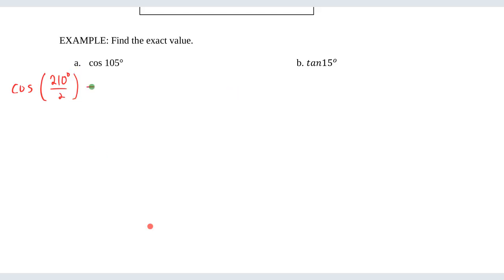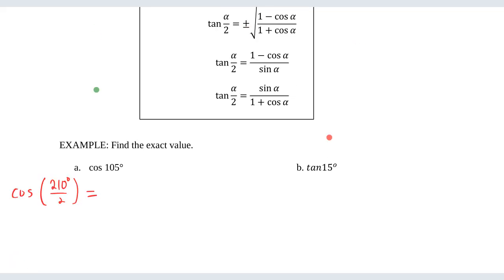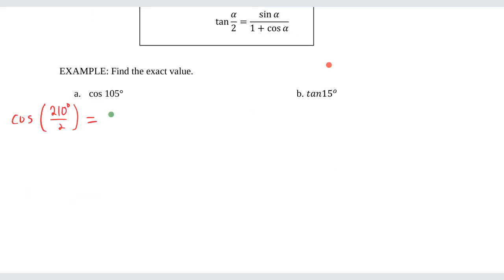So we'll have here cosine equal to, I'm going to go ahead and use this formula. But the question here is what is the sign? Since 105 degrees is located in quadrant 2, where cosine is an x value, we are going to pick the negative sign over the positive sign. So we will now be having a negative.